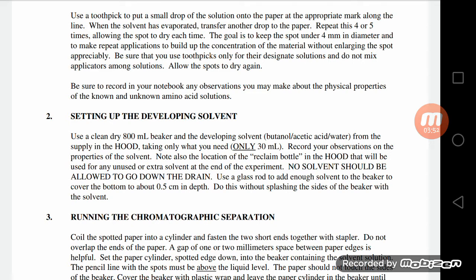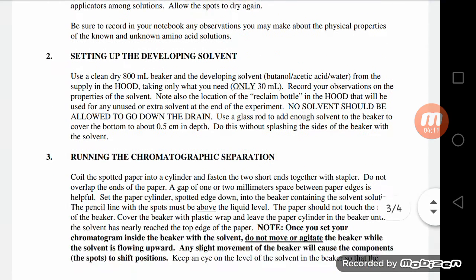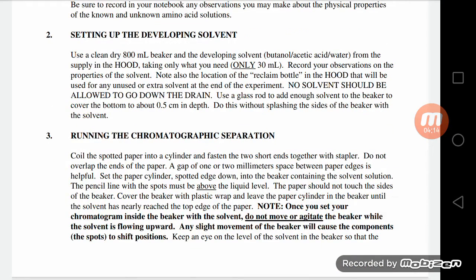Setting up the development solvent: use a clean dry 800 ml beaker and developing solvent of butanol, acetone and water from the supply in the hood, taking only what you need. Record your observations on the properties of the solvent. Note the location of the reclaim bottle.